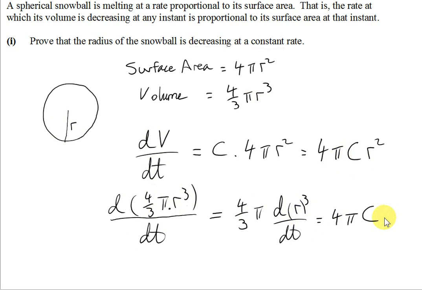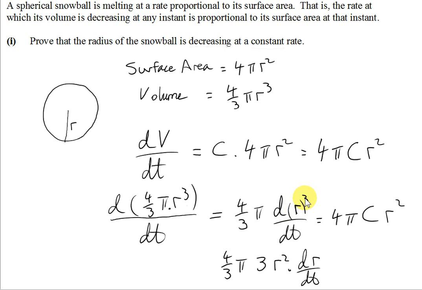Here's dV/dt up here. But let's rewrite this. Whatever r is, if we take the derivative of r cubed, we get 3r squared times dr/dt. We can just use the chain rule to do that.